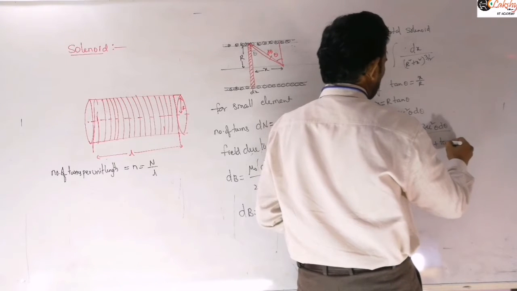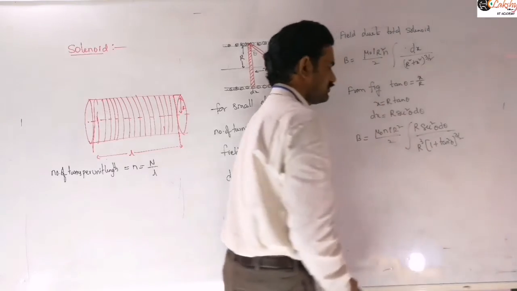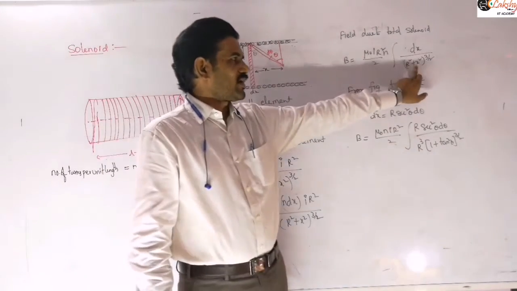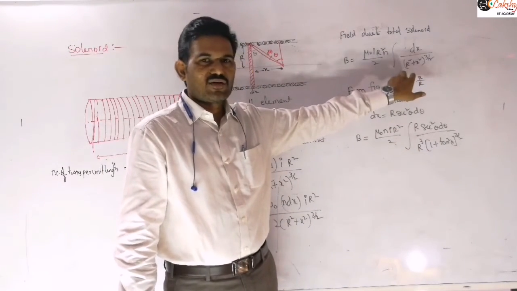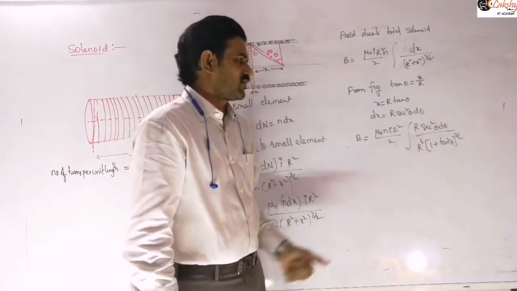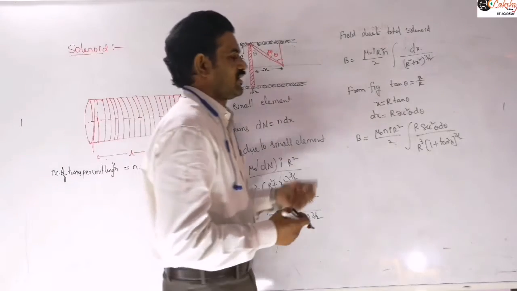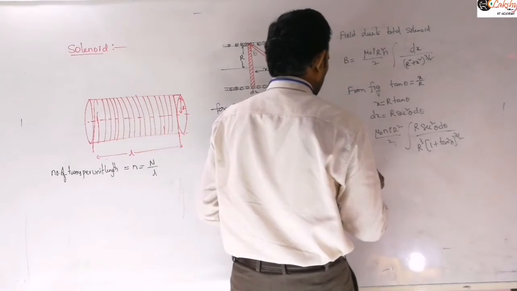So 1 plus tan square theta whole power 3 by 2 you will get. 1 plus tan square theta you can write as secant square theta, so we get secant cube theta.